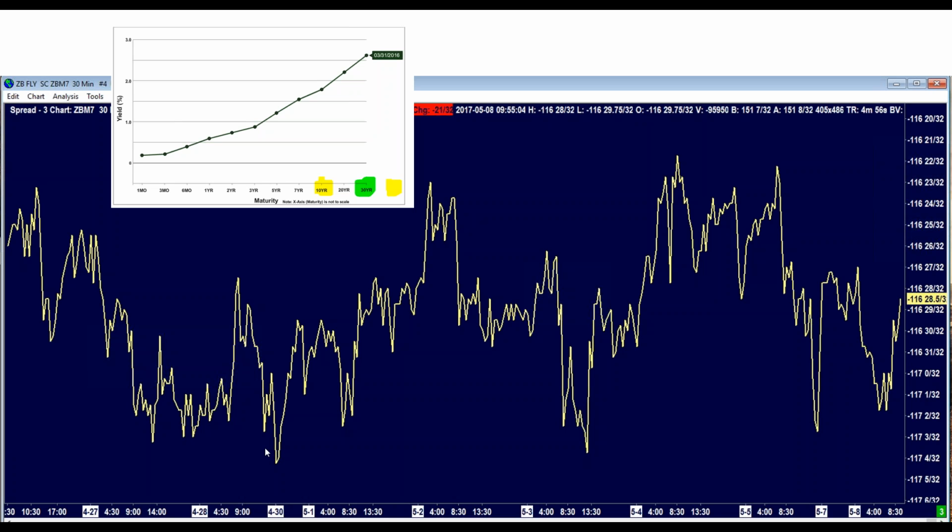You definitely want to sell the ZN or the UB because those are expensive. That's why it's all about getting yourself in the right contract. So even if you think rates are going higher and the ZB butterfly is down here, don't sell ZB. You're better off trading the ZN. Okay?